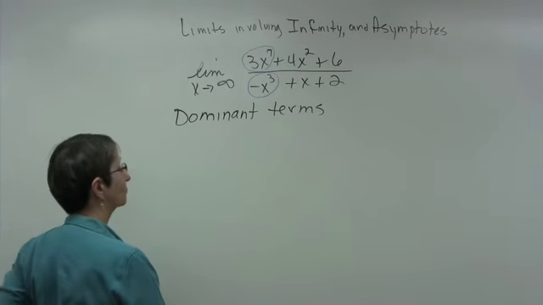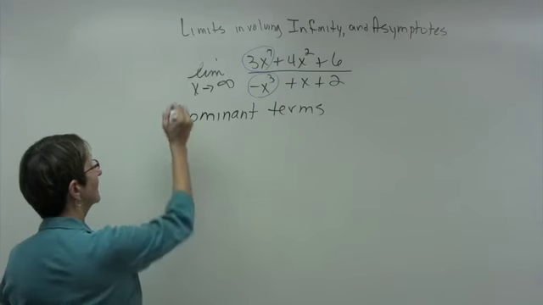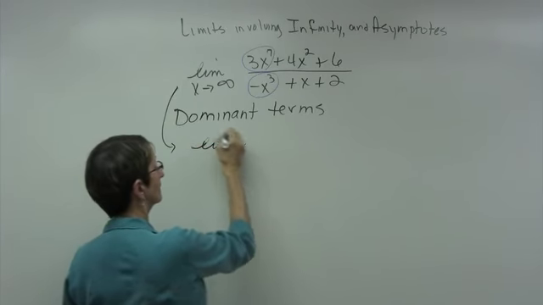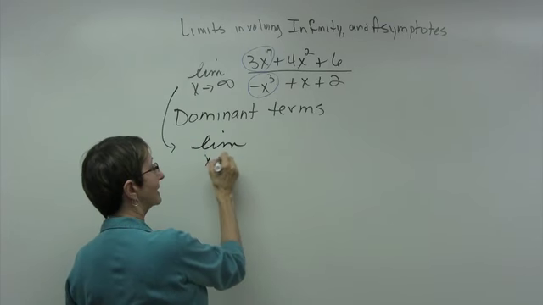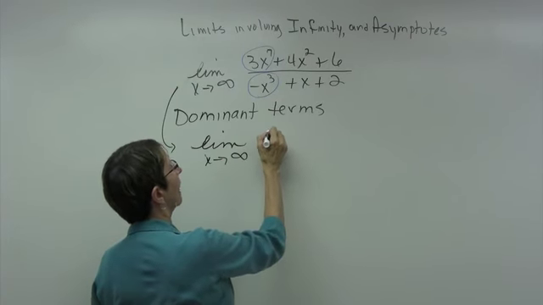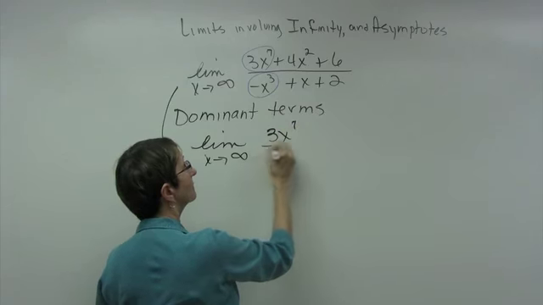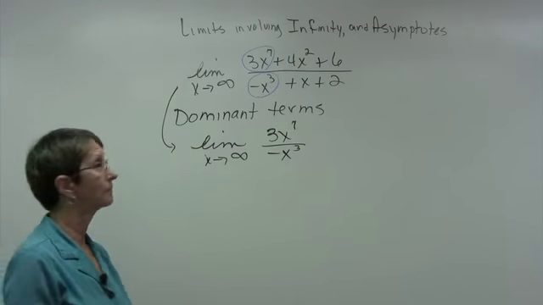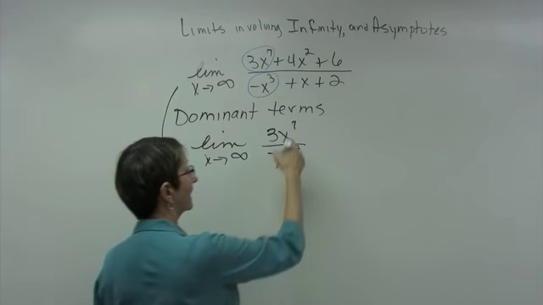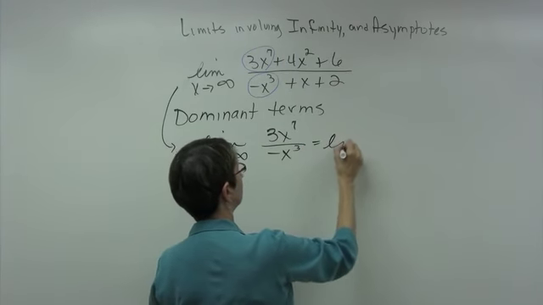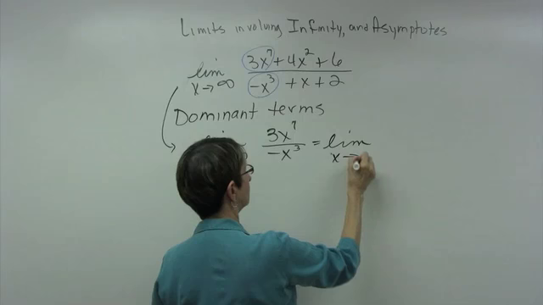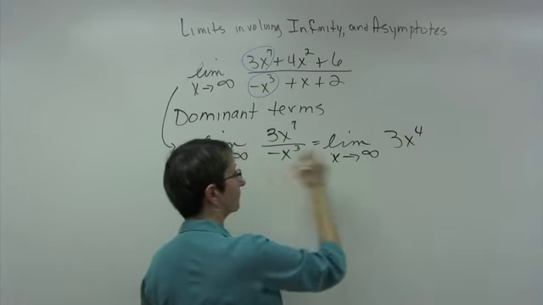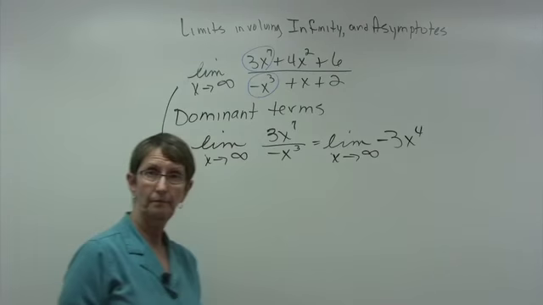So what we do is we say that to do our limit, this limit is going to be the same as the limit as x approaches infinity of 3x to the 7th over negative x cubed. Well, I can reduce the x's, and I'd have 3x to the 4th, and it's negative.